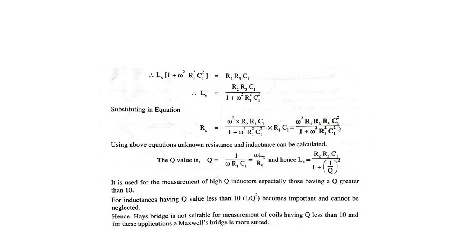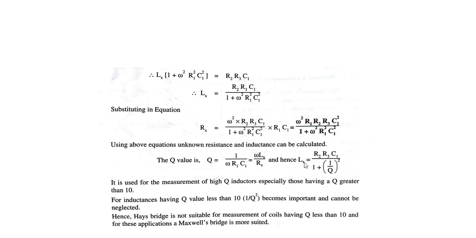If you multiply this inside, then you will get the equation like this. I think you got this, and this is very simple. Now using the above equations, unknown resistance and inductance can be calculated. Here the Q factor or Q value is given by 1 upon omega R1 C1, which is equal to omega Lx divided by Rx.